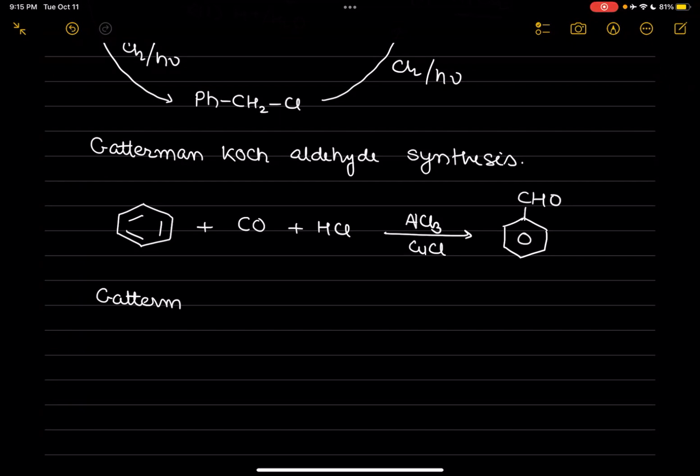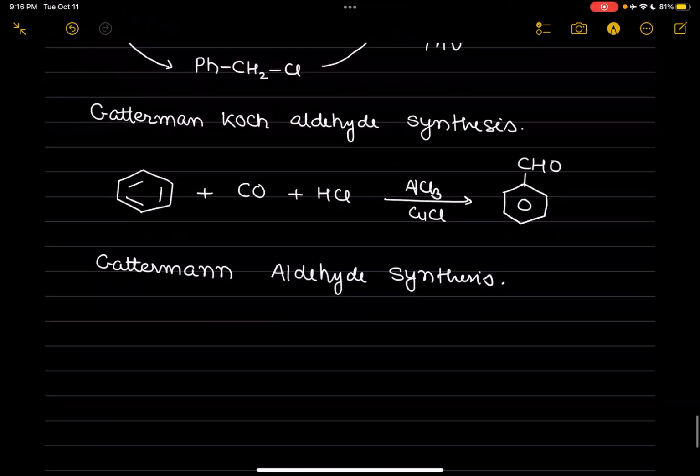So Gattermann aldehyde synthesis is what? Tell me.